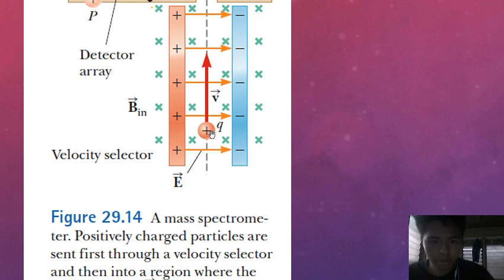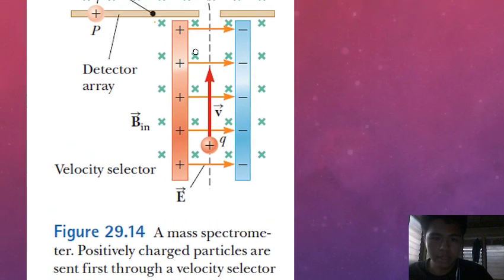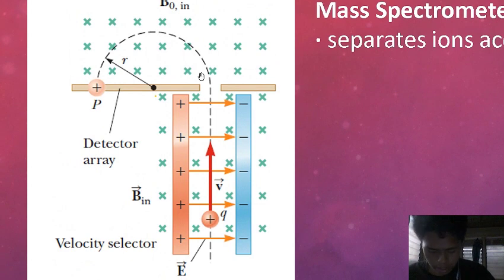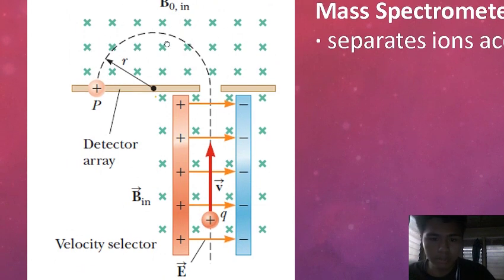A beam of ions first passes through a velocity selector, then enters a second uniform magnetic field.